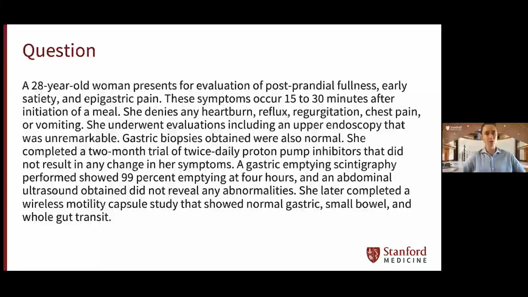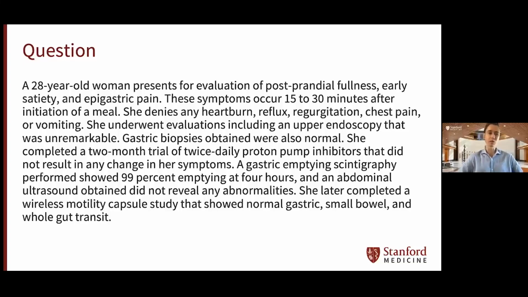In this question, there's a 28-year-old woman. She presents for evaluation of postprandial fullness, early satiety, and epigastric pain. These symptoms occur 15 to 30 minutes after initiation of a meal. She denies any heartburn, reflux, regurgitation, chest pain, or vomiting. She underwent evaluations, including an upper endoscopy that was unremarkable. Gastric biopsies obtained were also normal.